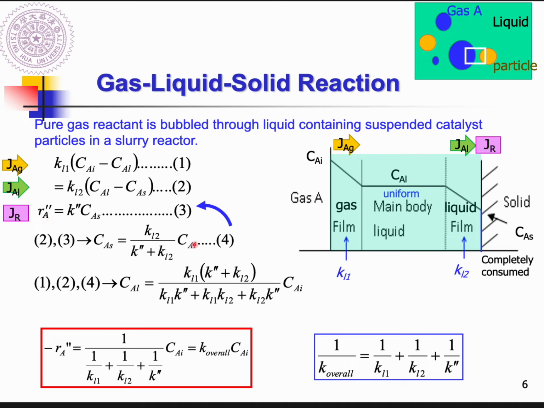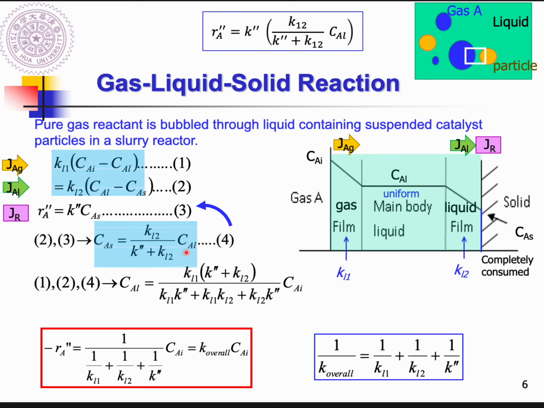So now you have CAL, but it's still not easy to measure CAL inside your experiments, right? So I'm going to use these three relationships to get CAL in terms of CAI. How to do that? You use the last one to substitute CAS, and you are left with only CAL and CAI, so you can express CAL in terms of CAI.